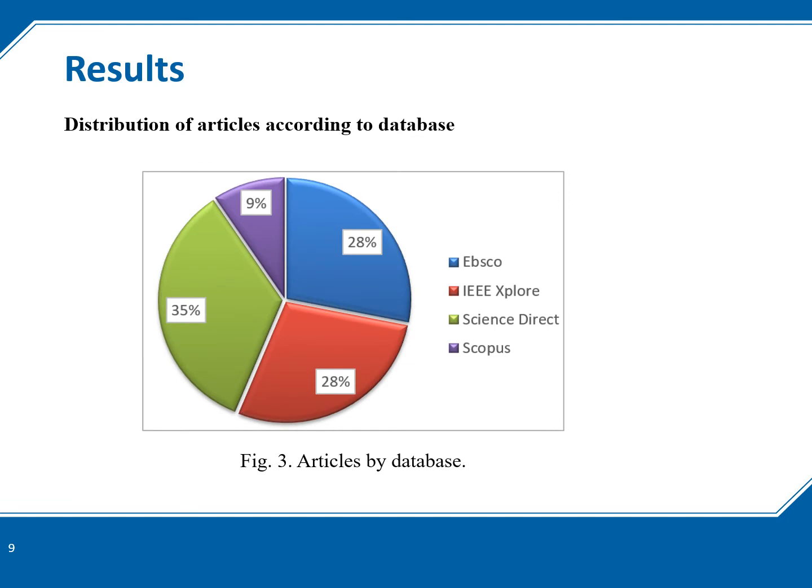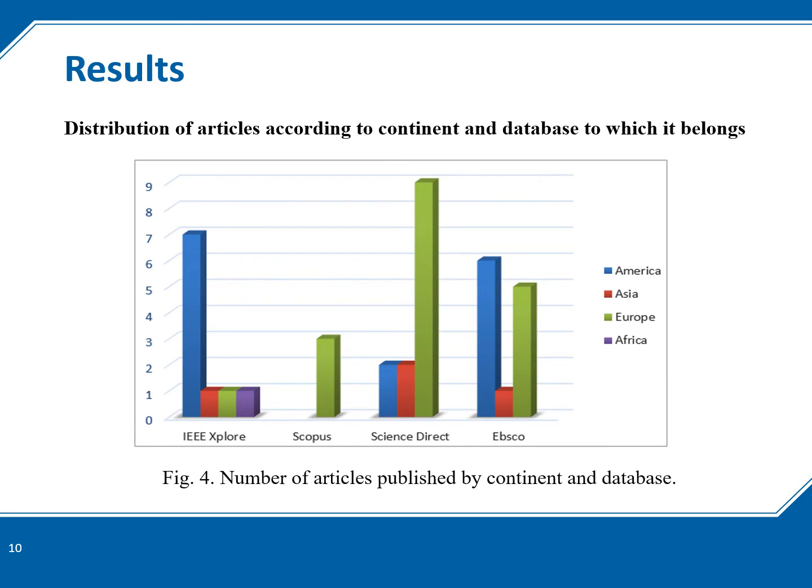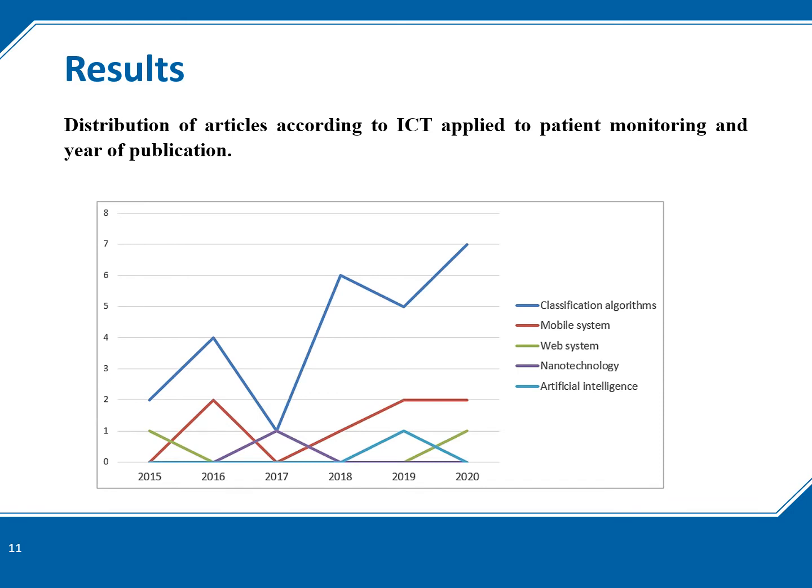Distribution of articles according to the database: EBSCO, IEEE Xplore, Science Direct, and Scopus. In this graphic we can see the distribution of articles according to continent and database to which it belongs. Here, distribution of articles according to ICT applied to patient monitoring and year of publication.